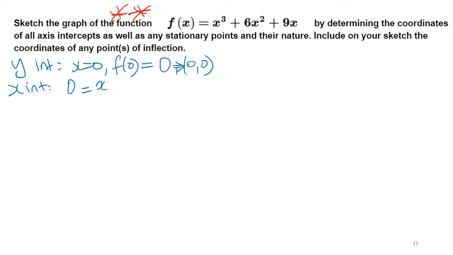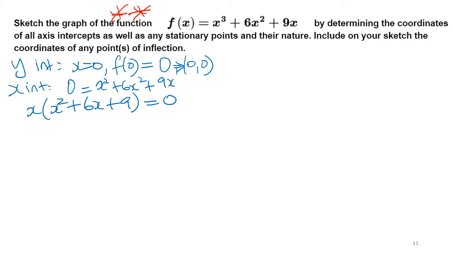So 0 equals x cubed plus 6x squared plus 9x. So we're going to solve for x. How can we solve this? Let's look at these three terms. Do I have any common factors that I can take out so I can factorize and make it a more solvable form? Well, I can take the x out, and that becomes x times (x squared plus 6x plus 9) equals 0.